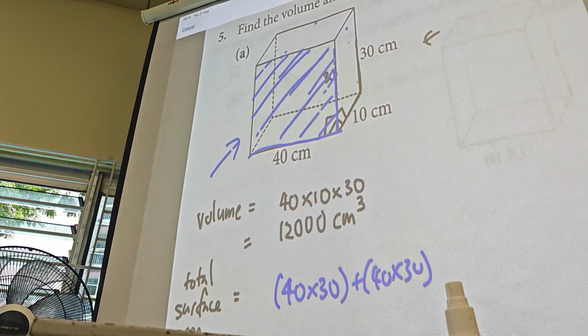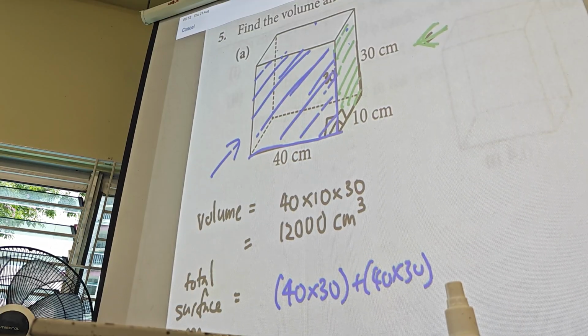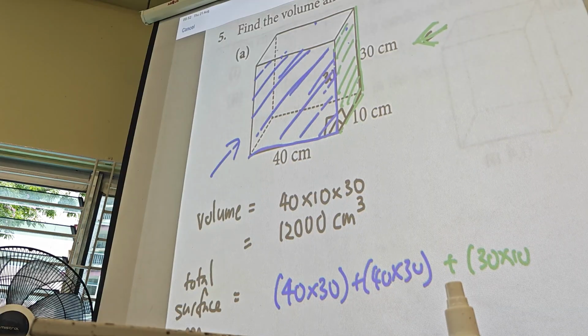Then, if I look from the right hand side, I will see this rectangle, green color one. The sides are 30 and 10. Why I have 2?